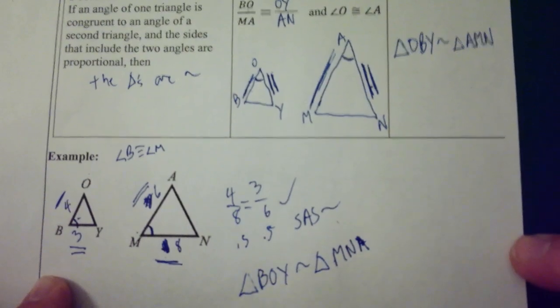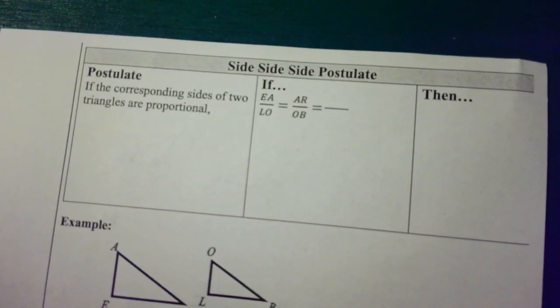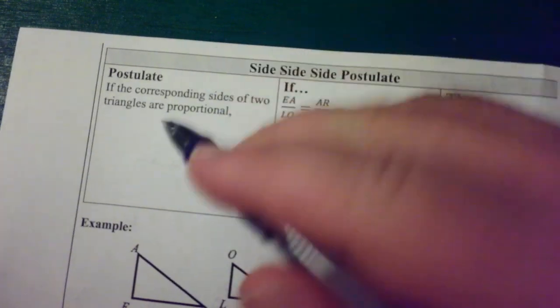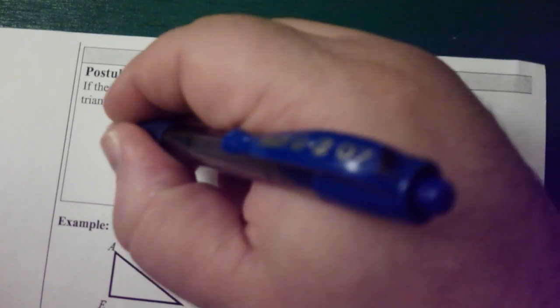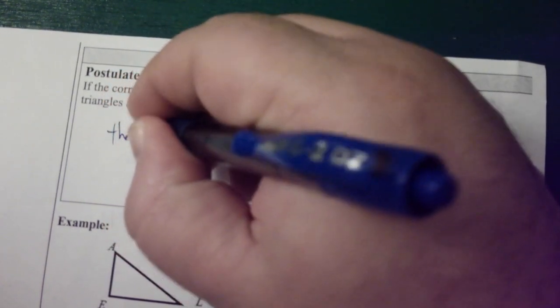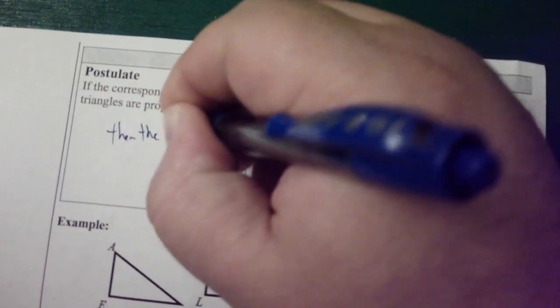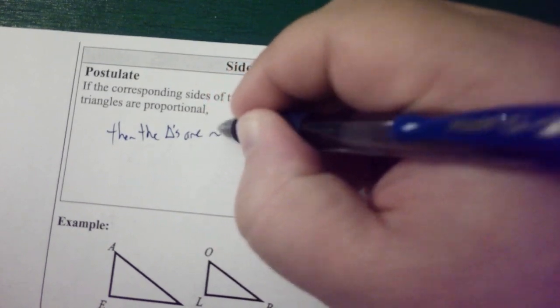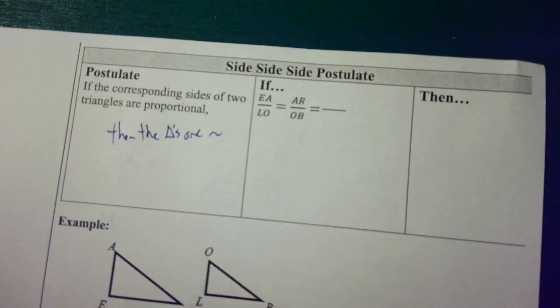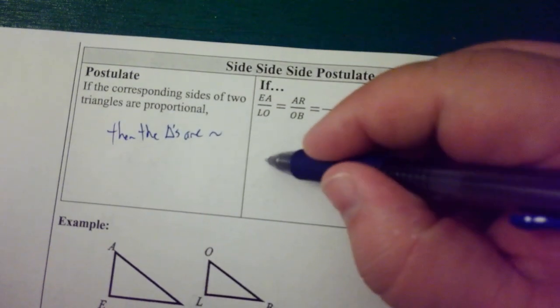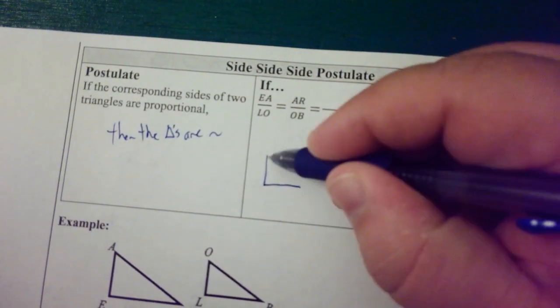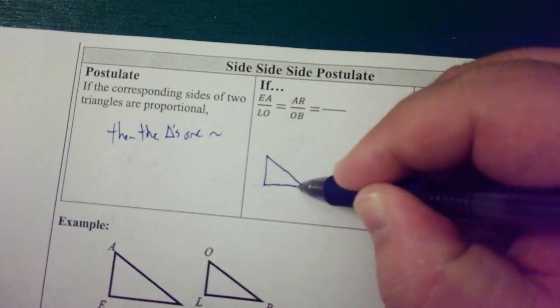All right, there's one more that we need to look at, and that is the side-side-side postulate. Again, if the corresponding sides of two triangles are proportional, then the triangles are similar. So, in the following triangles, we're going to make an ear joke this time.